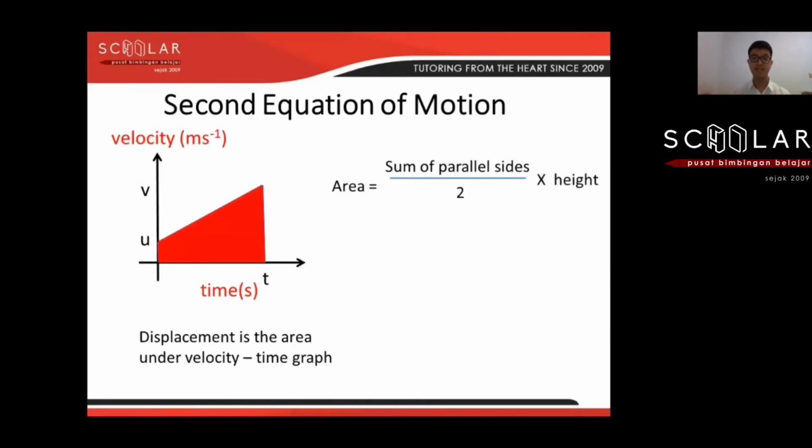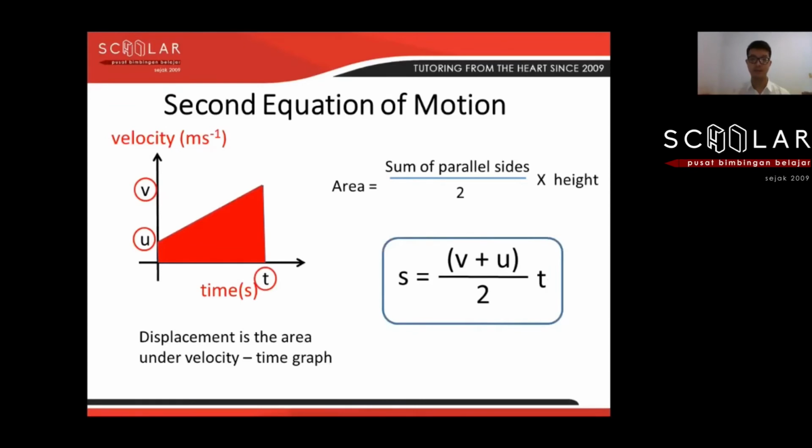Okay, so let's try to find the displacement. The sum of the parallel sides in this figure are the sum of u and v. So we have v plus u over 2. And then the height of the trapezoid is given as t. Then we can times with t. And here we go, we get the second equation of motion.